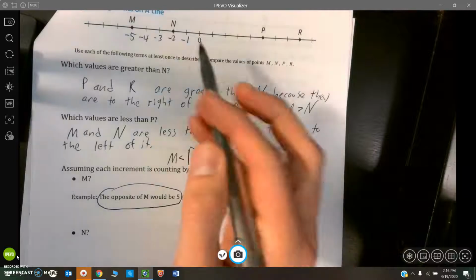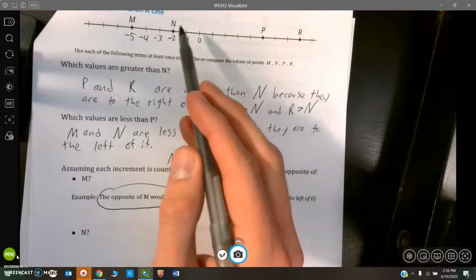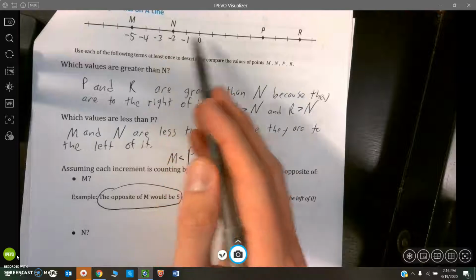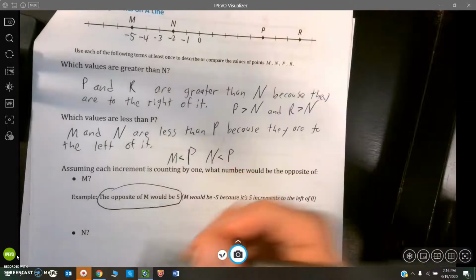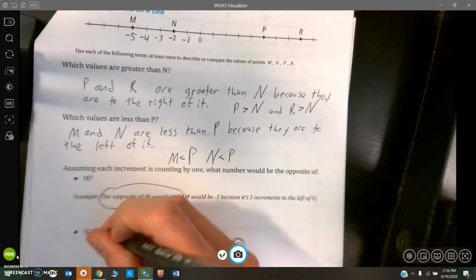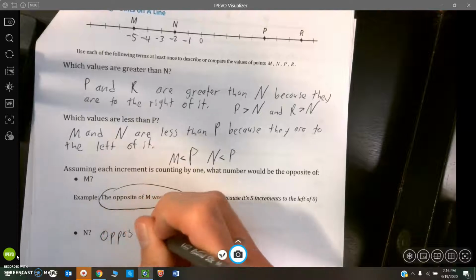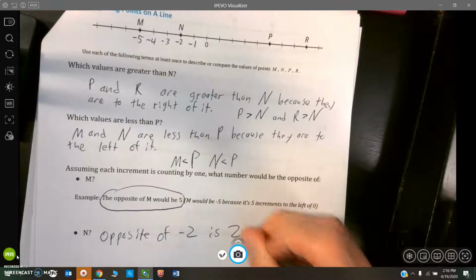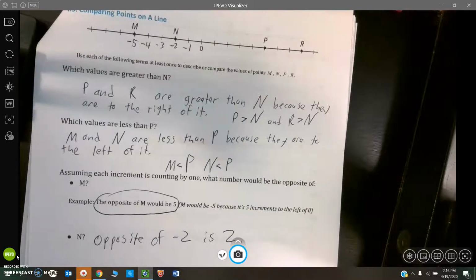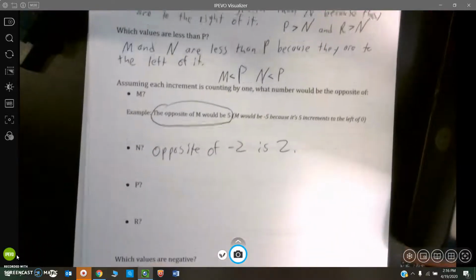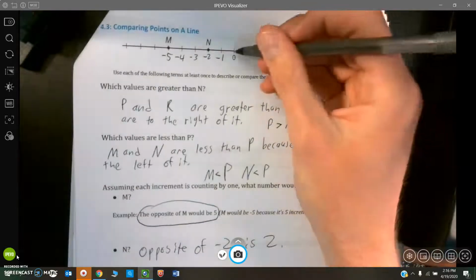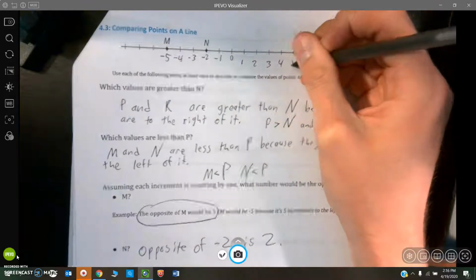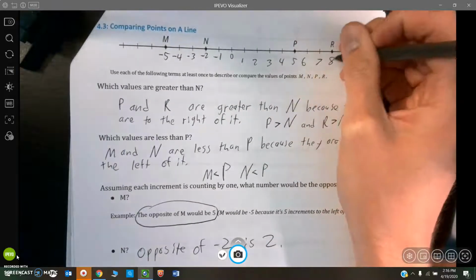So, I already labeled this, so if N is -2, that's 2 spaces away from 0 to the left, and the opposite of -2 is 2. So 2 would be the opposite of N. Alright, and now we've got P and R. So P is 1. I'll just label these all out. 1, 2, 3, 4, 5, 6, 7, 8.